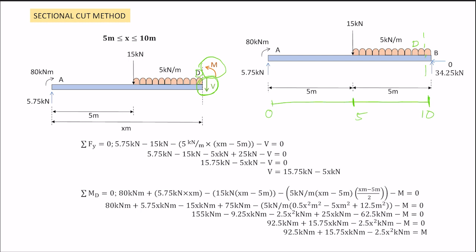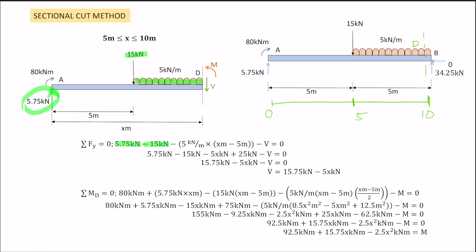The way is the same. First, I do the force in the Y direction. We have 5.75, it is going up, therefore positive. We have one force here, 15 kilonewton, the load going down, minus. And another one, we have UDL, 5 kilonewton per meter.